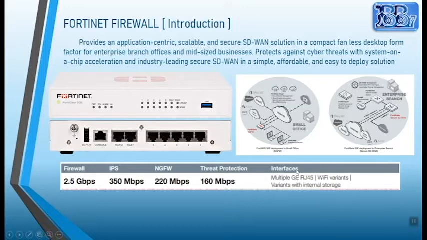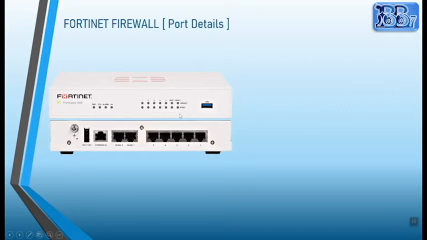Talking about the interfaces, next let's go through the device type, what ports are available, and what features are available. The front face is covering most of the LEDs and the back side is covering the ports.